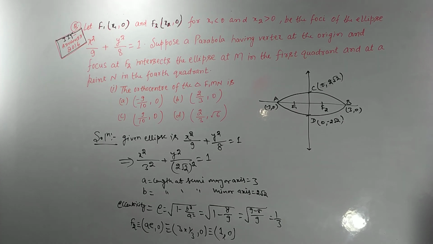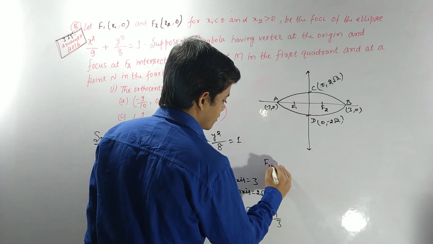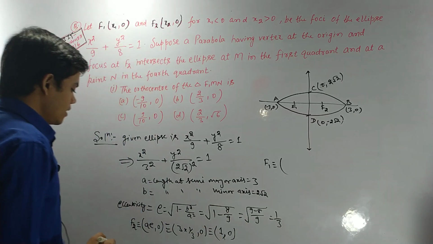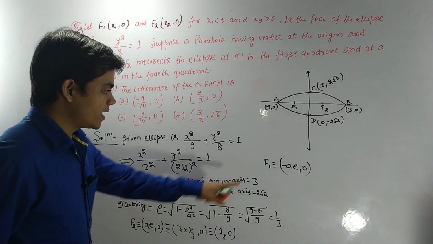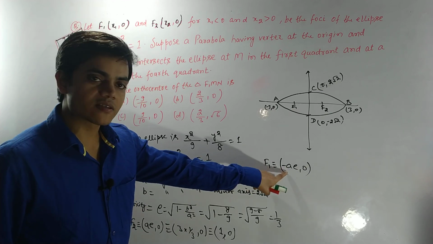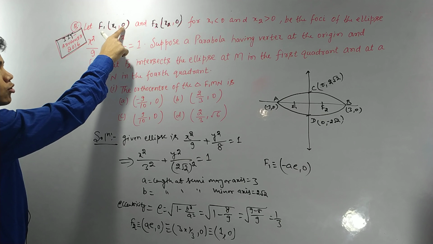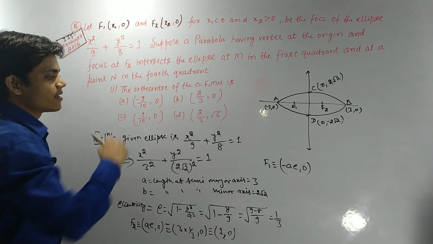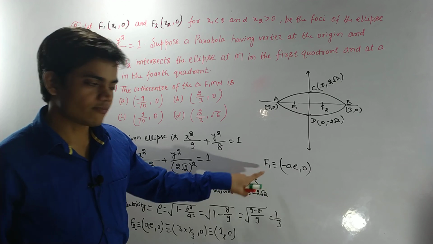All right. So now for F1, what would you say? Your F1 is (minus ae, 0). We are compelled to take this F1 as (minus ae, 0) because F1 is (x1, 0), where x1 is less than 0. So if we take the minus sign here, then it will give you F1.